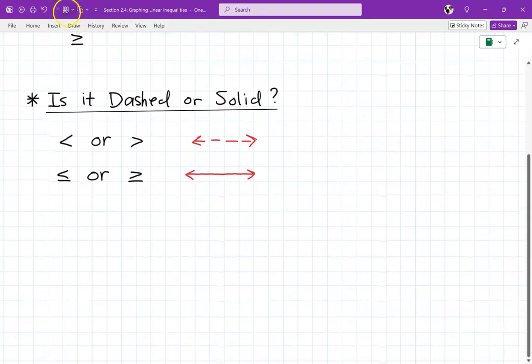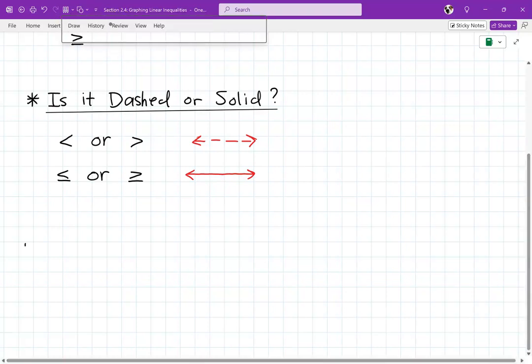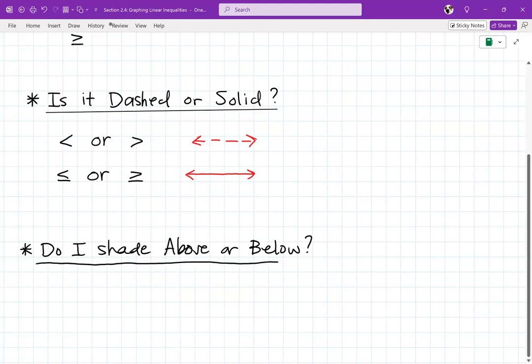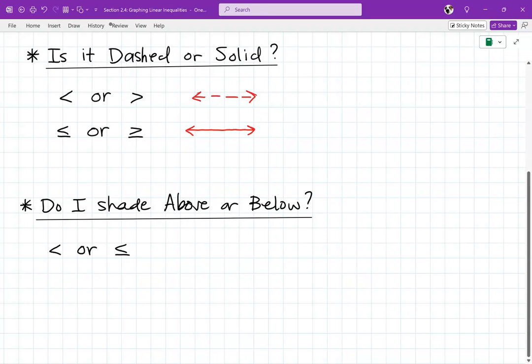The second part is, should I shade above or below? That's the second question you're going to ask yourself. If it says less than or equal to, notice the key term here, less than.